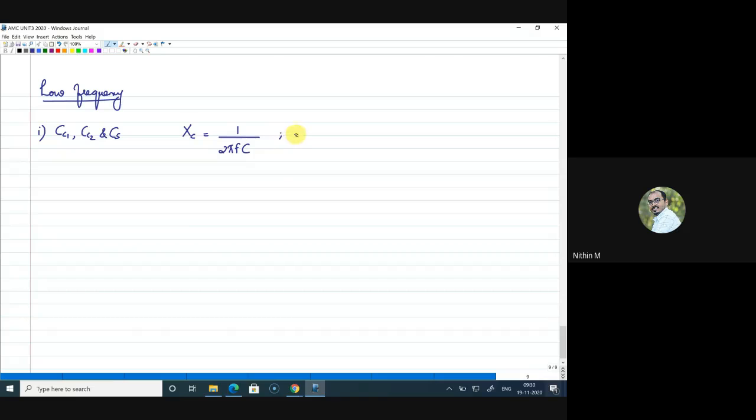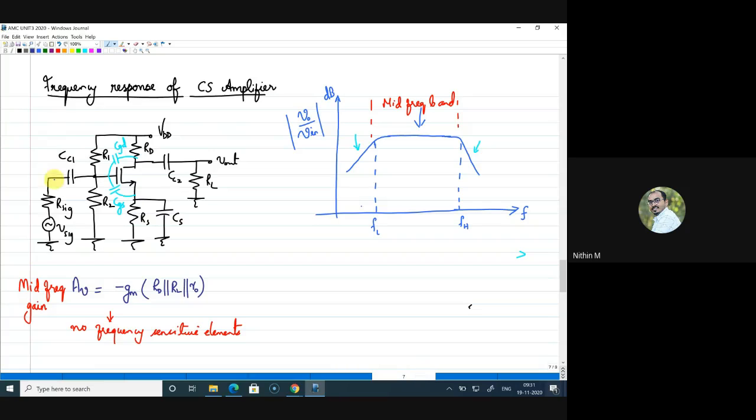But what happens here is, as F is low, or as F reduces, since the denominator component F is reducing, XC is going to be very large, right? The reactance offered by these capacitors will be very large, and that will ultimately result in the capacitors acting as open because of the very large reactance offered by them.